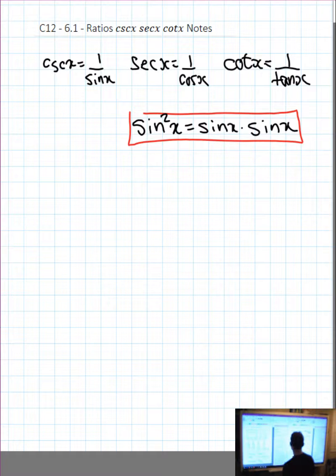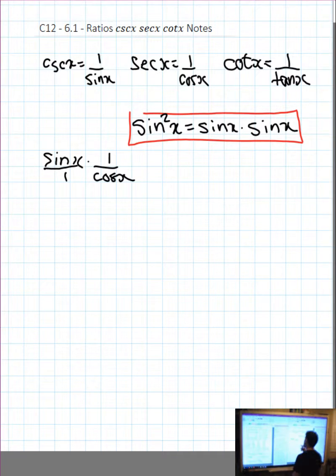So in that second section, let's take the first example, sine x over 1 over cos x. Well, it's really just sine x times cos x over 1. Yeah, there's a 1 on the bottom, but whatever. So, multiply the top, multiply the bottom. Sine x times 1 is simply sine x.